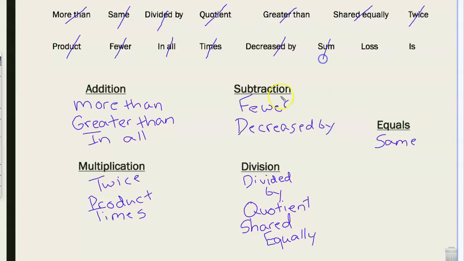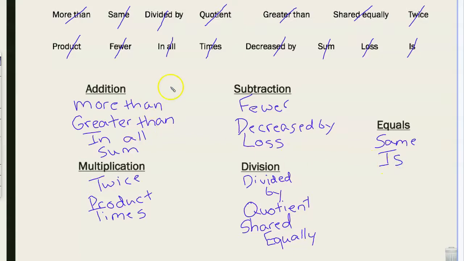Sum. We know sum means addition. Loss. Manny, these sound effects are fantastic. And is, 3 is x, 3 equals x. So that would go in there.